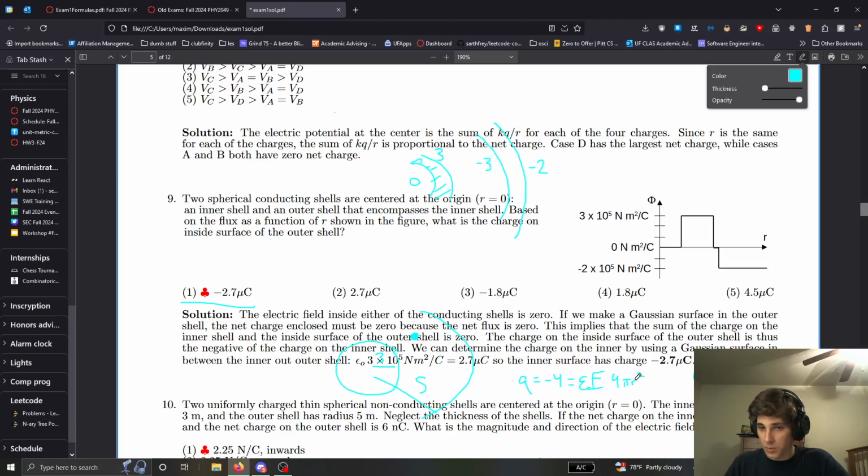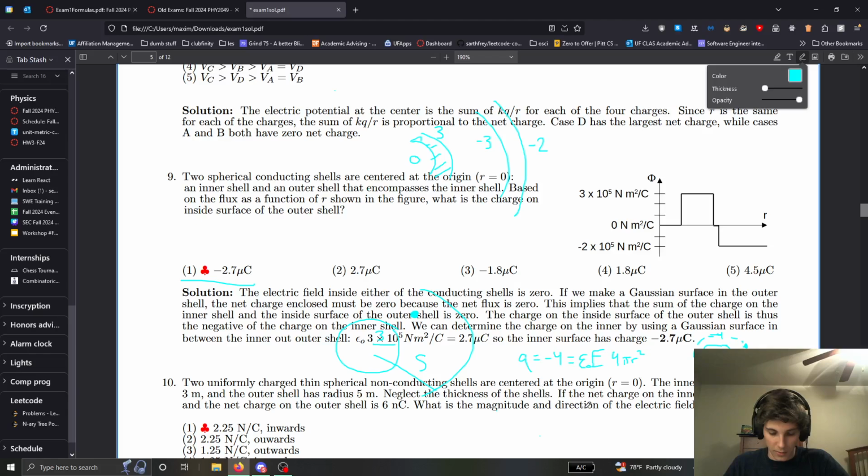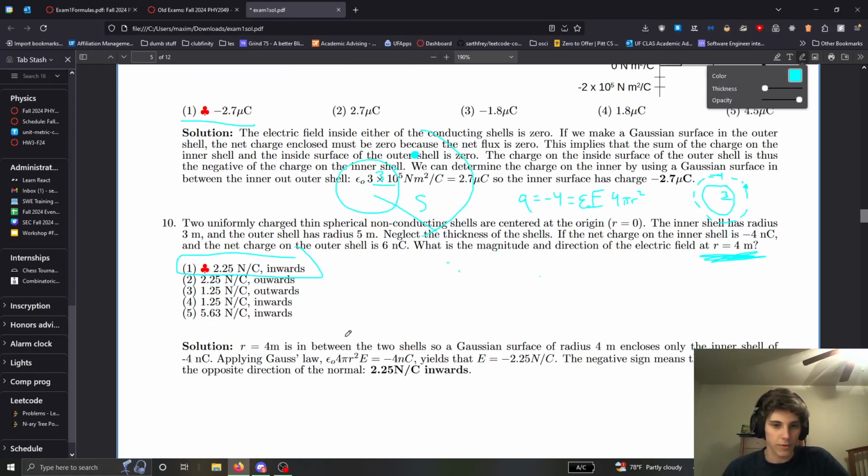You don't plug in 3 here, you actually plug in 4, the radius of the Gaussian surface, and that'll give you, I got negative 0.00225. It is pointing inwards because the electric field always points from positive to negative, and the inner sphere has a negative charge, so it'll point inwards.